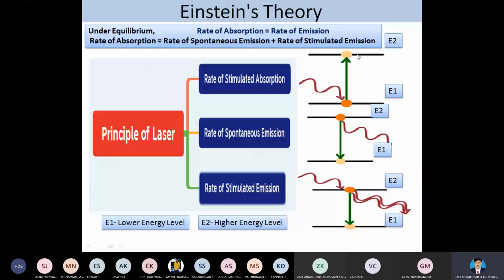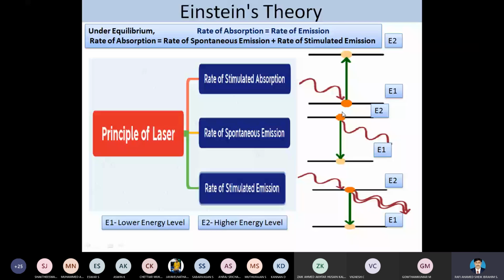The second processes are rate of spontaneous emission and rate of stimulated emission. As we know, spontaneous emission takes place from the higher state. Now the atom is in the higher state.